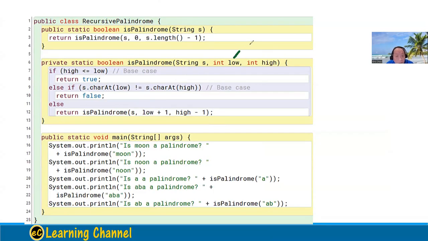You can also use the low and high if you like. Okay, and you can also use a substring to do it. But here you can also use low and high. With low and high, you do not need to call substring. When you don't use the substring, the program would be faster and also save space.